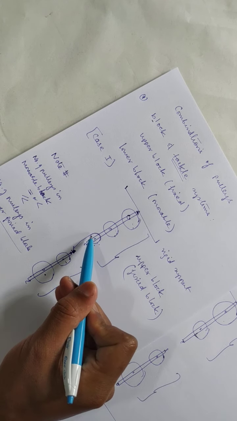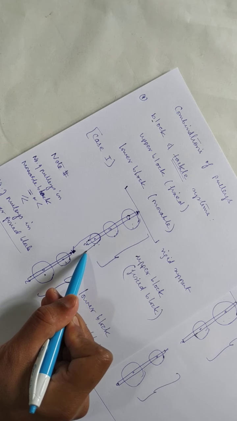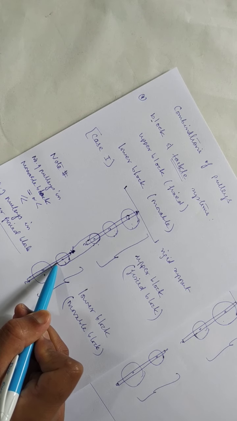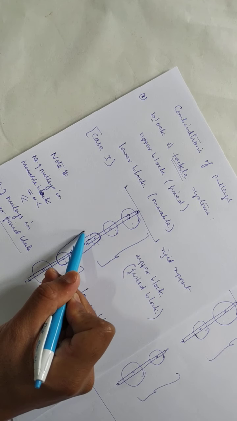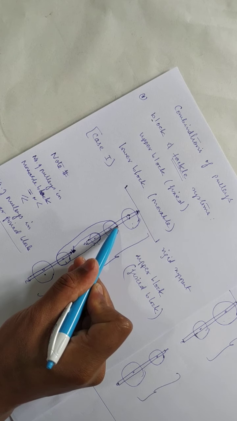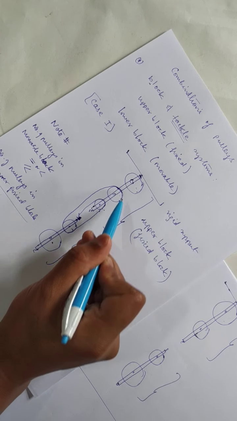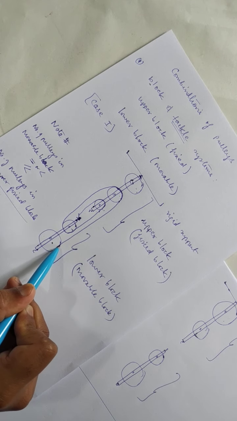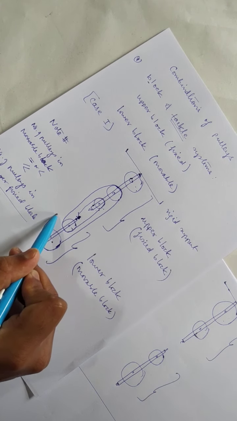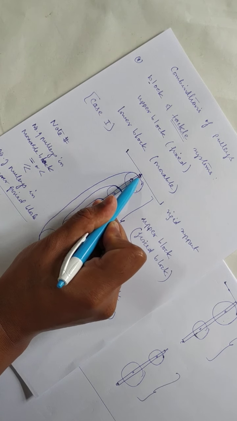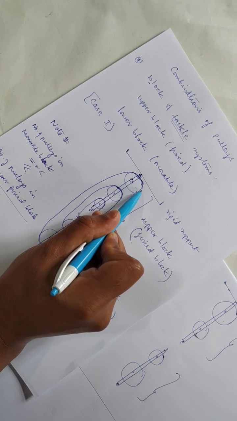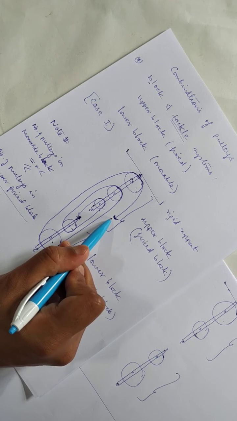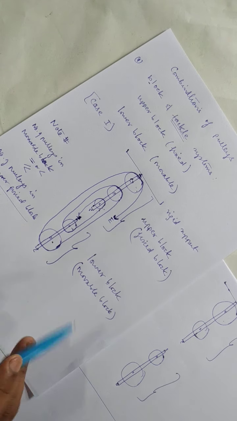It passes through the first pulley, then it comes down, and it passes through the first pulley in the lower block, then it goes up, then it passes through the second pulley in the upper block, and it comes down, and it passes through the second pulley in the lower block, then it goes straight up to the top pulley in the upper block, and we have another end here. This is the free end. At this end you apply the effort.